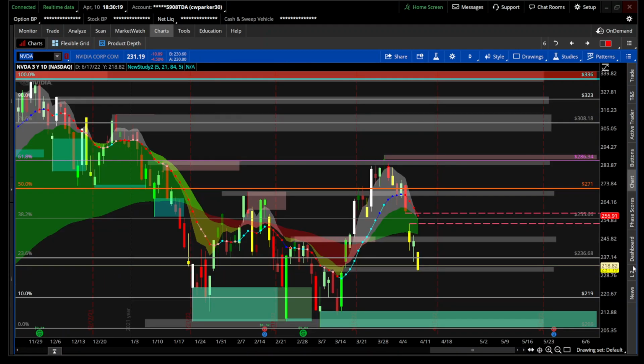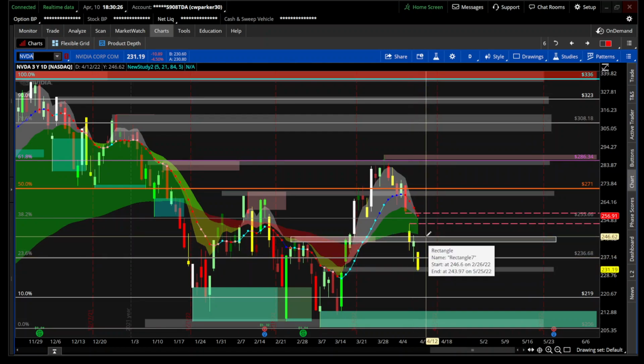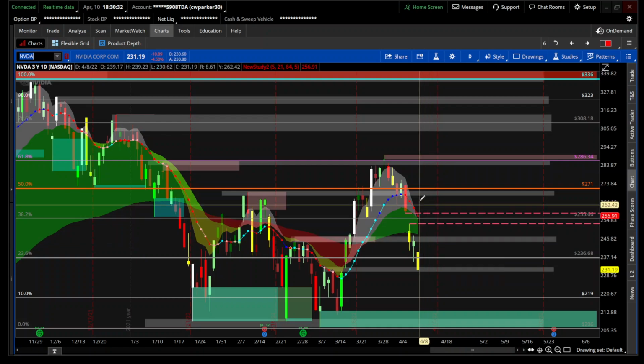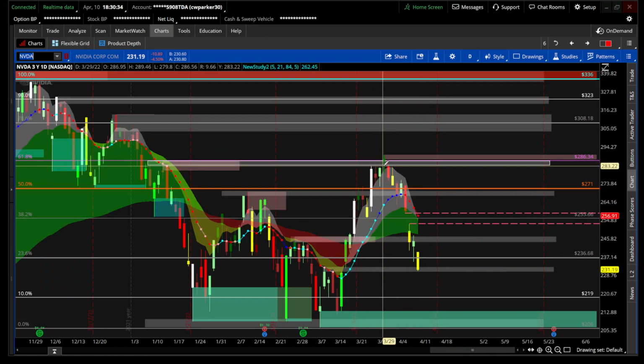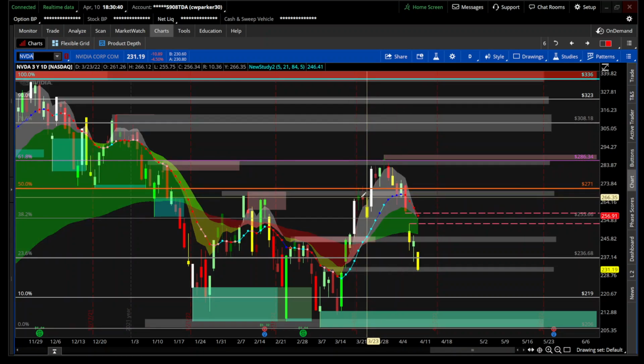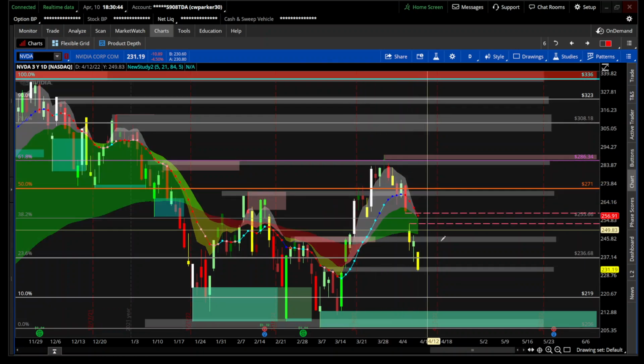So hopefully Nvidia holds up in this area, but it's gonna have to retest this area as well, which was support, but it broke below it, and now it's gonna be considered resistance. Same situation here, and it couldn't really conquer this area of resistance, but it did conquer this area of resistance. It had some trouble over here, but you had this huge red candle take all that out.